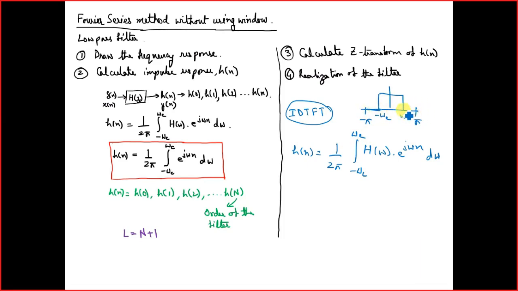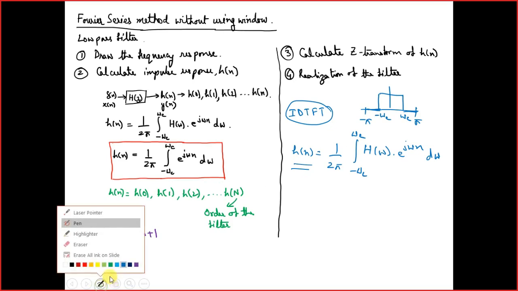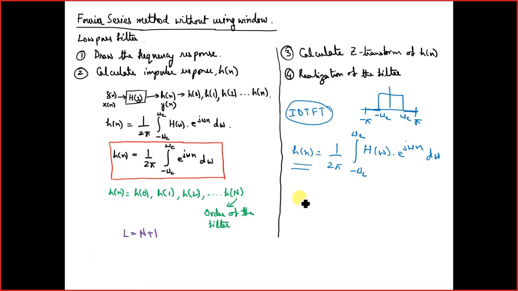There is no meaning in calculating values where the system response is zero; we will get nothing, only zero values. What is this h of n giving us? Can anyone tell me what this h of n is giving us?